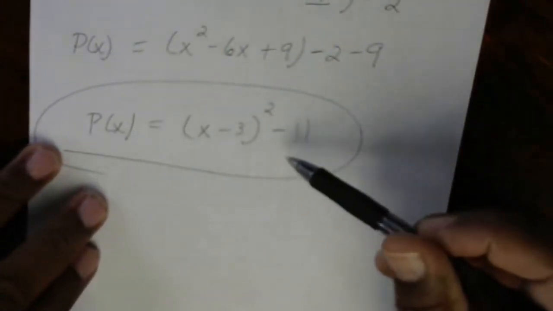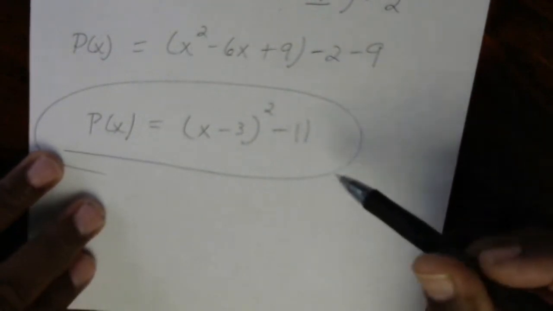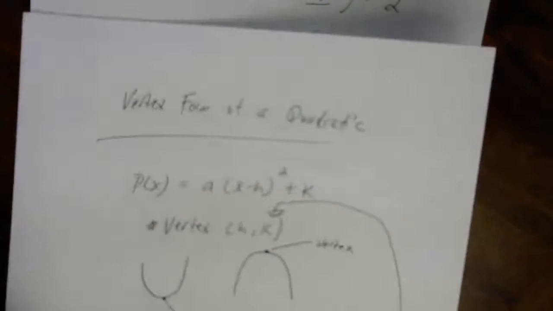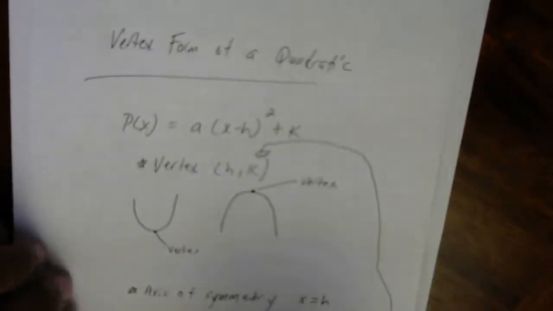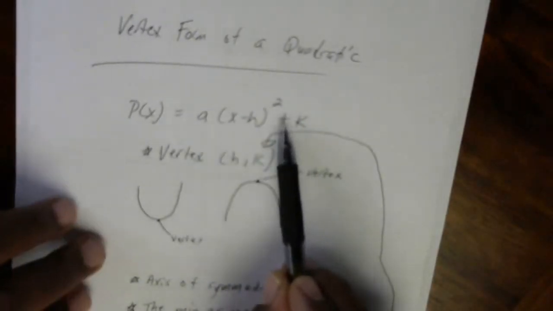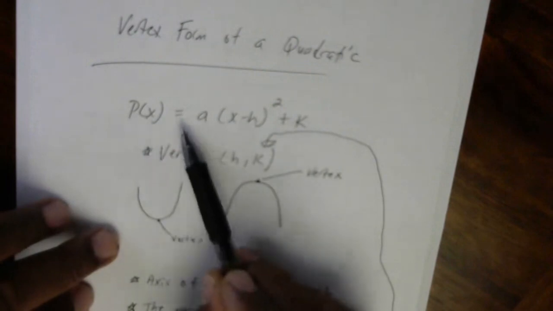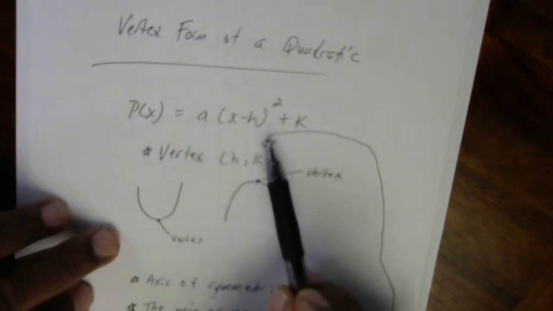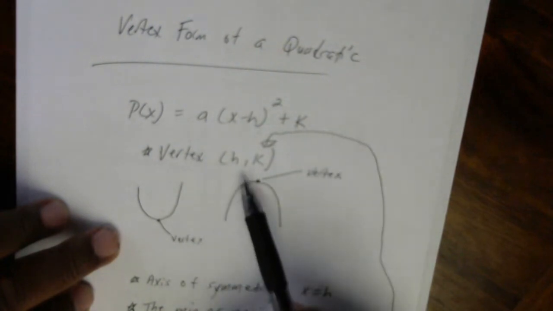So now, how do you pull the vertex out of this? If I go back to our first set of notes, it says that P of x is equal to a times the quantity x minus h squared plus k.